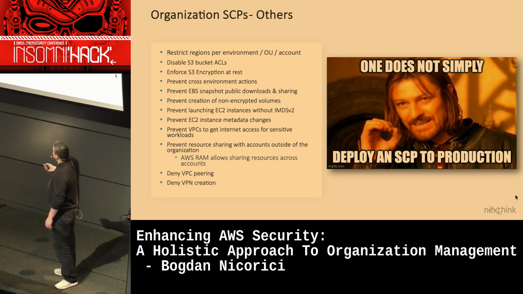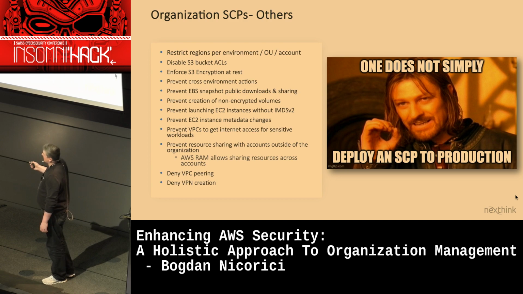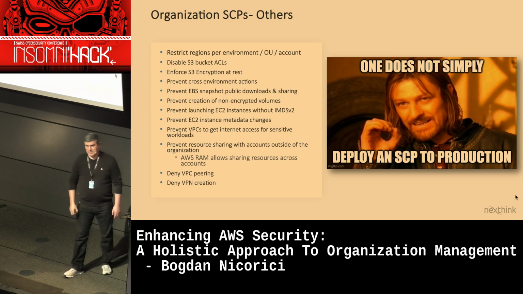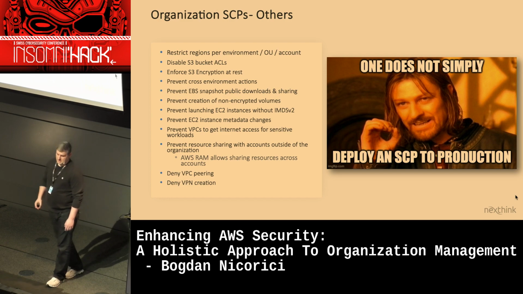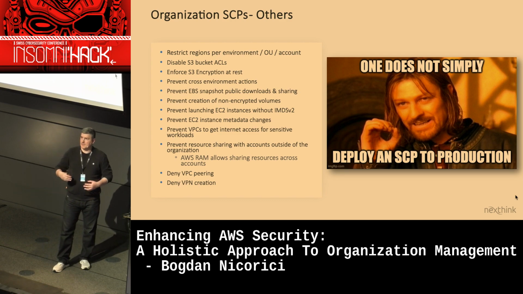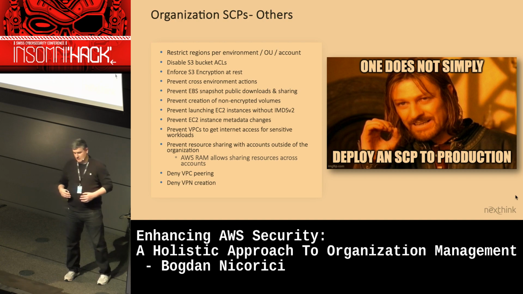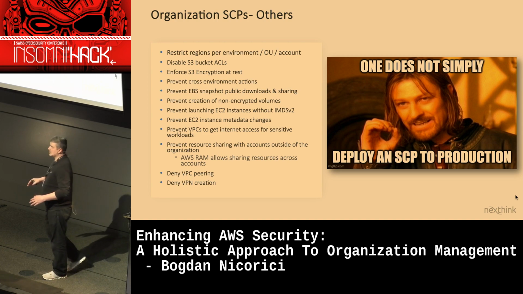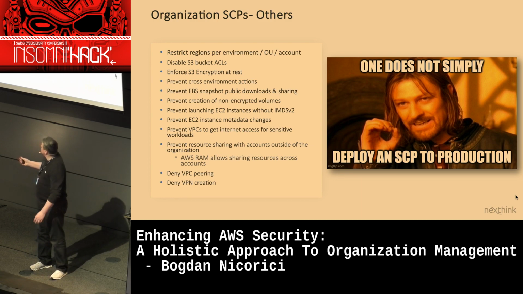For EC2 instances, AWS has implemented, and it's pretty old by now already, the IMDSv2 mechanism, which brings a bit more protection against SSRF exploits, which were used to actually exfiltrate IAM keys from EC2 instances. You can actually, in an SCP, say you can't start an EC2 instance if you haven't enabled IMDSv2.